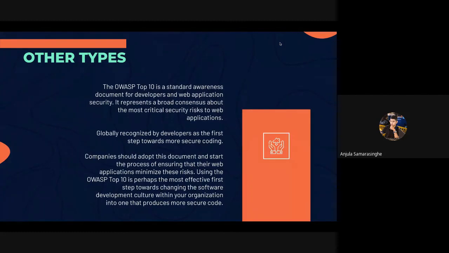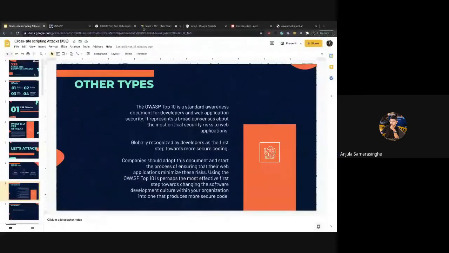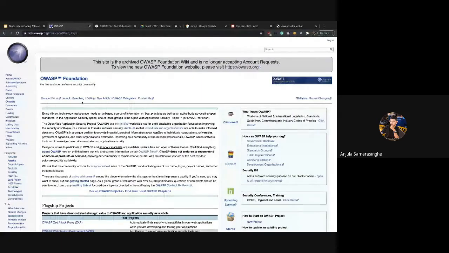There are lots of other types of attacks that most websites face daily. The great resource that I found to stay updated about this kind of attack is OWASP. It is a foundation, which stands for the free and open source software security community.